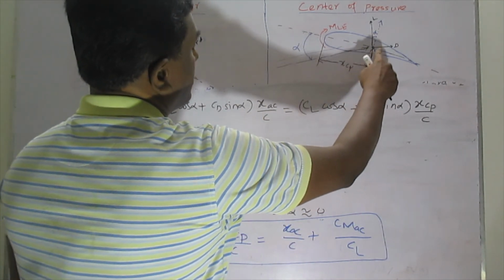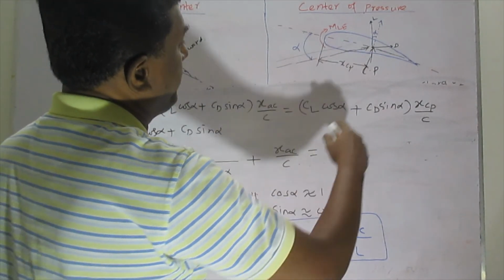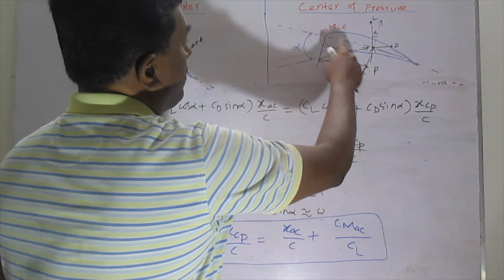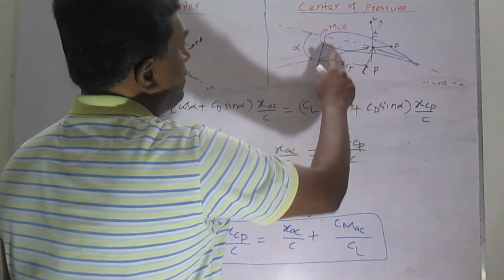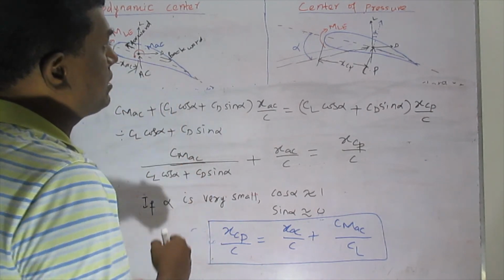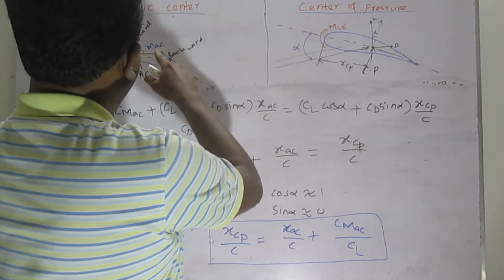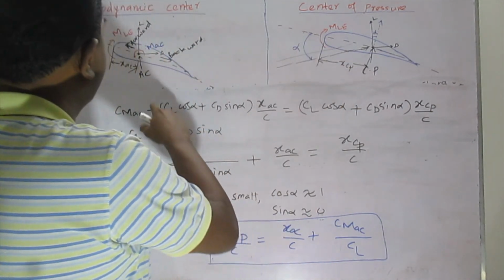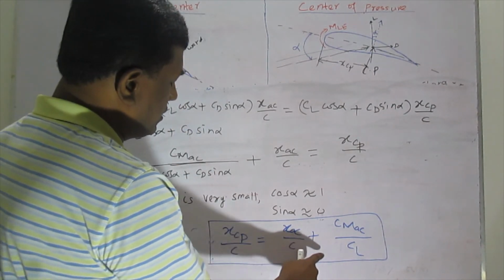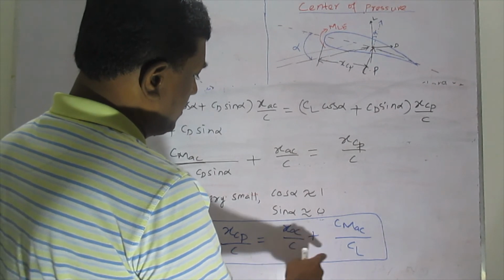Because the center of pressure is not a fixed point, it keeps moving forward and backward on the chord of the aerofoil. I think this explanation is very clear about the center of pressure and the aerodynamic center, and this relationship will also be clear.